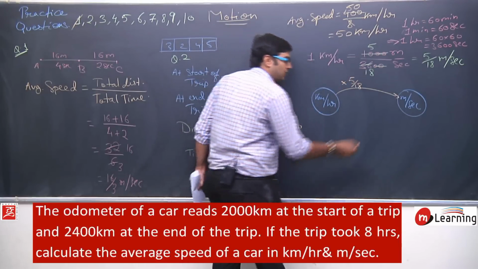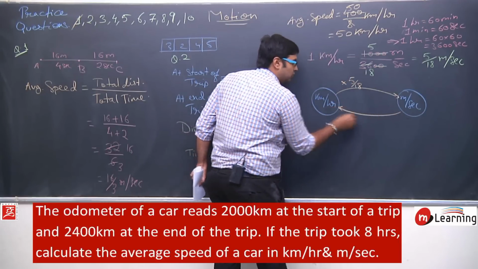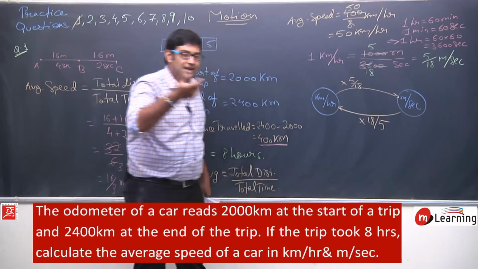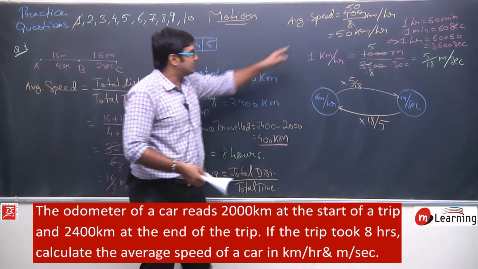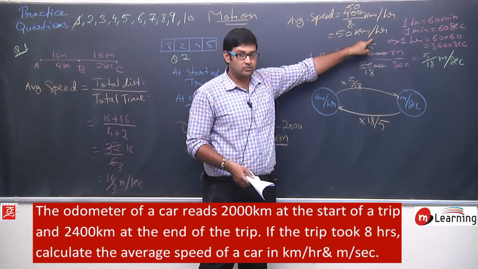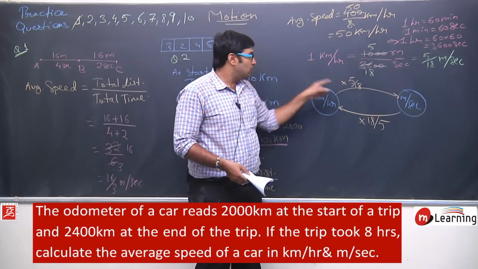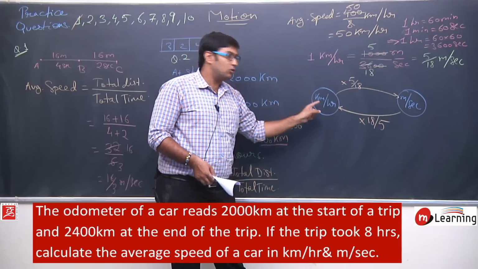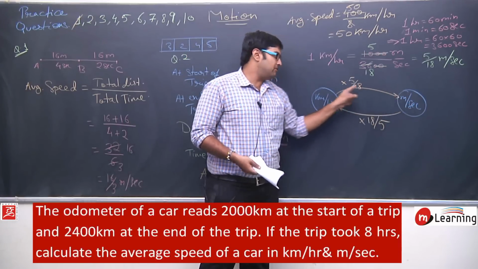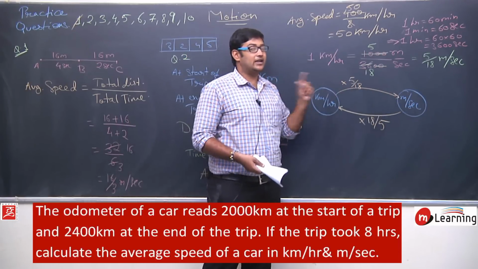If I want to convert from meter per second to kilometer per hour, I will multiply by 18 by 5, that is just the reverse. In this case we have the average speed in kilometers per hour, this 50 kilometers per hour. I want to go to meters per second, so what should I do? I will multiply by 5 by 18.